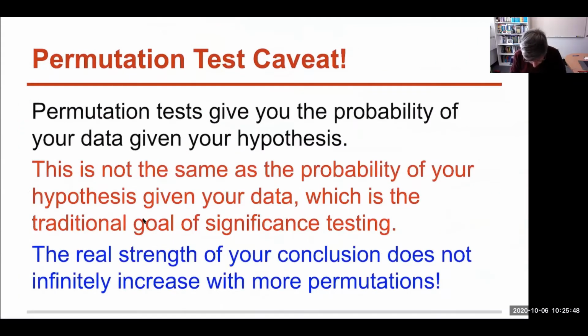So recognize that what a permutation test really gives you is the probability of your data given the hypothesis. Once you have decided that men are likely to be taller than women, you're getting a sense of the chance that you got data this unbalanced between men and women by chance. This isn't quite the same thing as the probability of your hypothesis given your data.